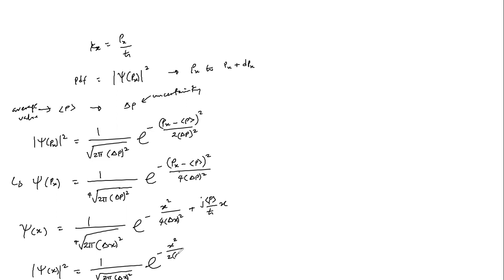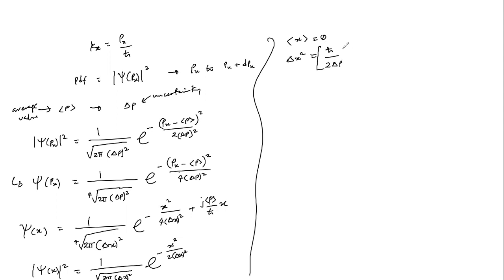So the average value of the position is 0 and the uncertainty spread is given as h cross over twice the momentum uncertainty. So the position uncertainty times the momentum uncertainty equals h cross over 2.